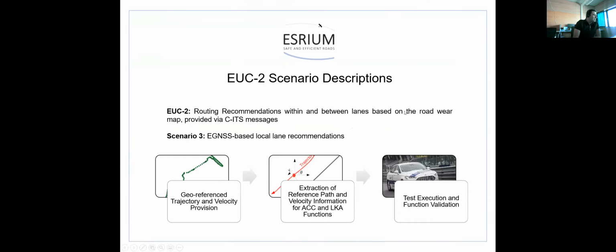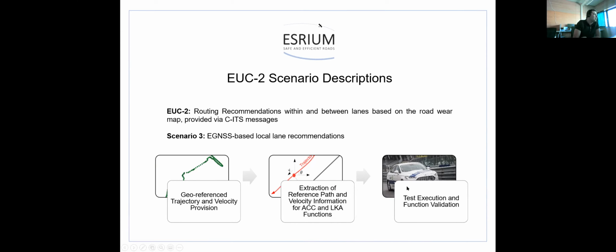Our third use case scenario is eGNSS-based local lane recommendation. This is a bit more in the future, but in the case that we are able to provide individual trajectories to the connected and automated vehicles, this represents how it can be utilized. The information will be transferred in the form of georeferenced trajectory and velocity provision information, and this will then be extracted and parsed to generate reference path and velocity information for the driving functions such as ACC, LK, as well as the trajectory planner.